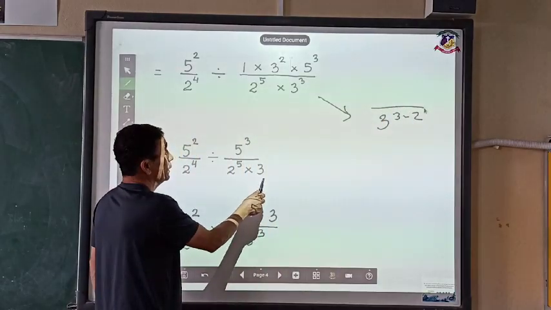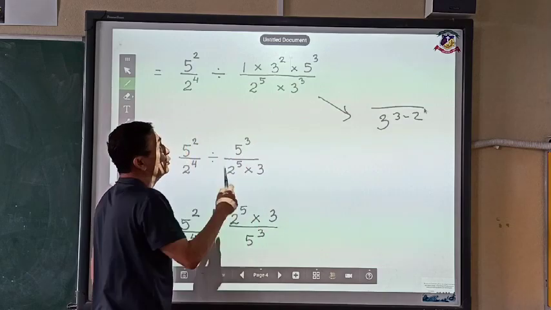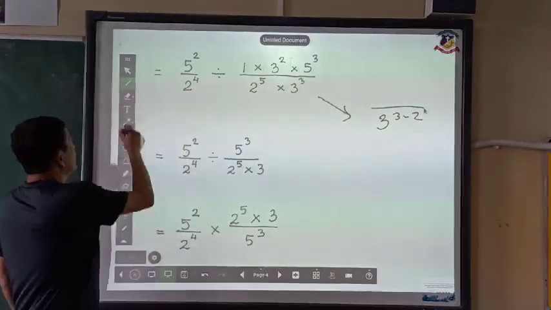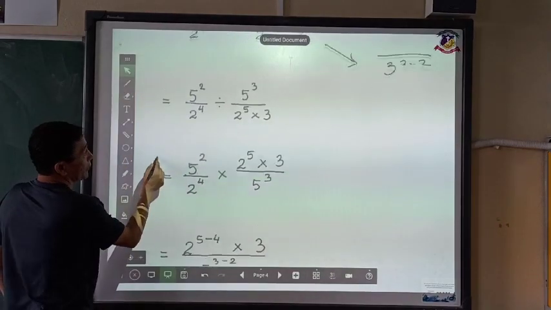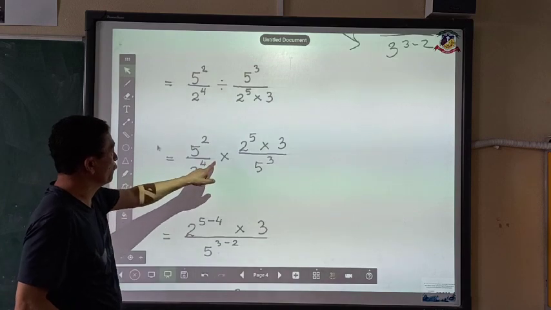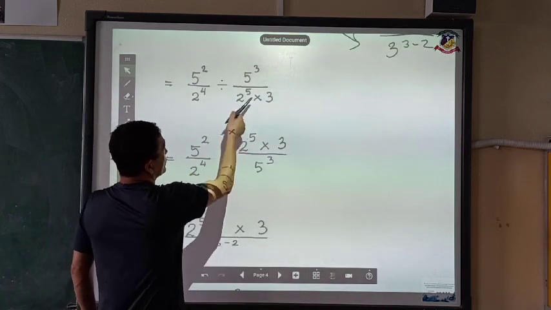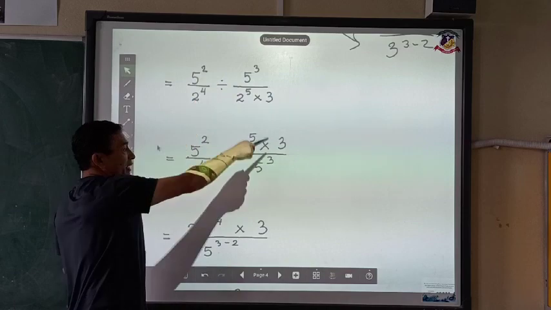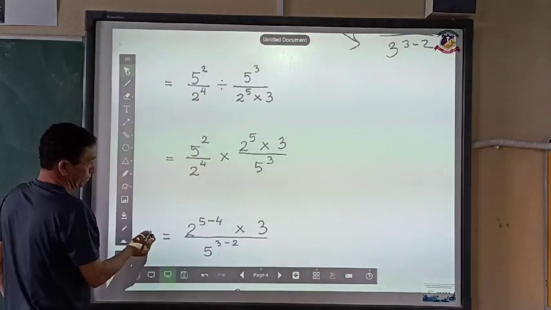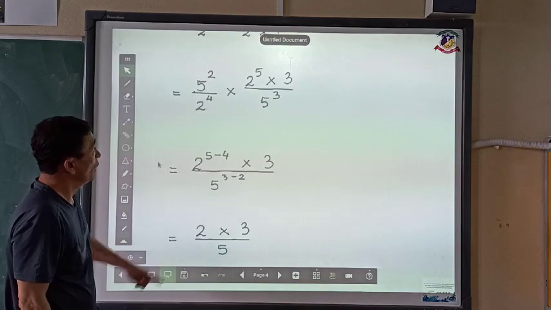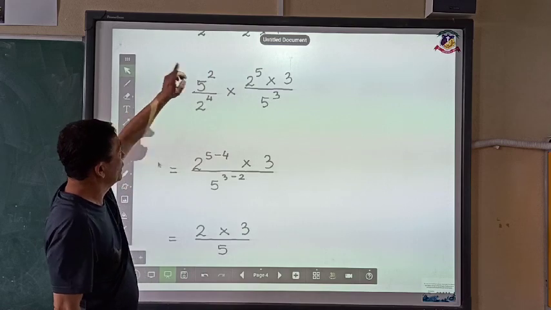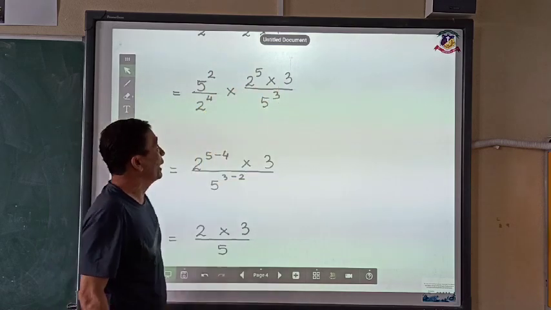I'm left with 5 cubed in the numerator and 2 to the power of 5 in the denominator. Then I do the reciprocal: 5 squared upon 2 to the power of 4 multiplied by, the numerator becomes the denominator and the denominator becomes the numerator. I've got 5 squared multiplied by 2 to the power of 5 multiplied by 3.